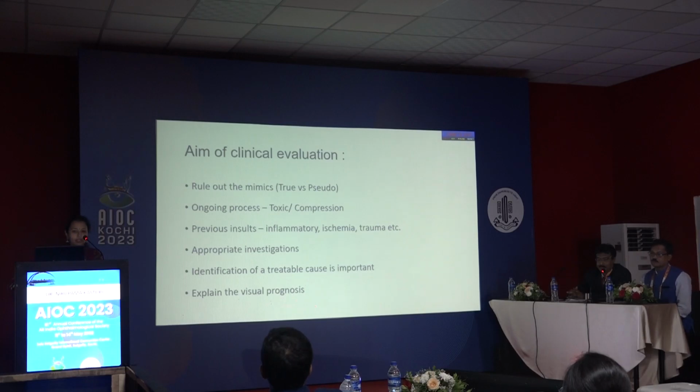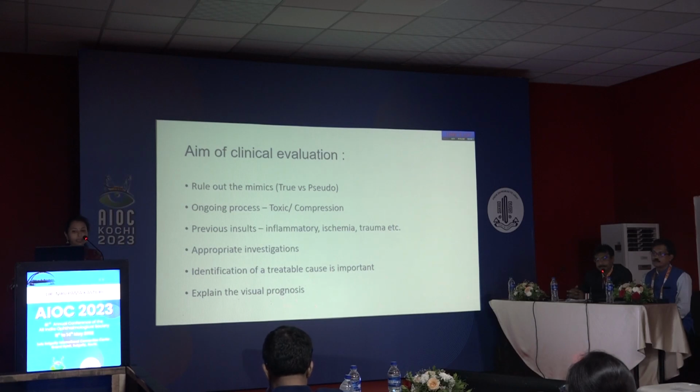So the aim of the clinical evaluation is, one, to rule out true optic disc pallor from a pseudo appearance of disc pallor, and identify any ongoing process of optic neuropathy like toxic or compressive optic neuropathy, because if you identify it, you can stop the progression by treating the cause.